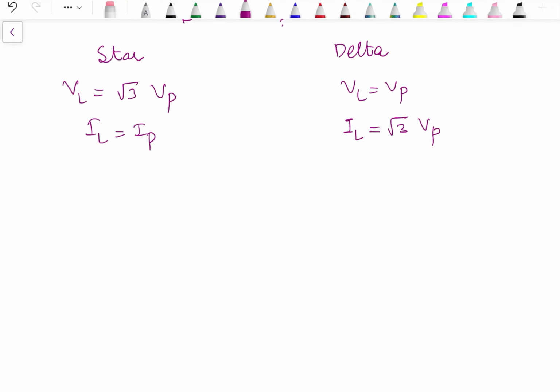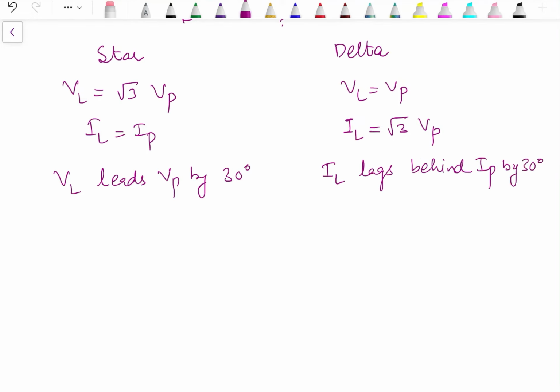In case of star connection, VL leads Vp by 30 degrees, while in case of delta connection, IL lags behind IP by 30 degrees.